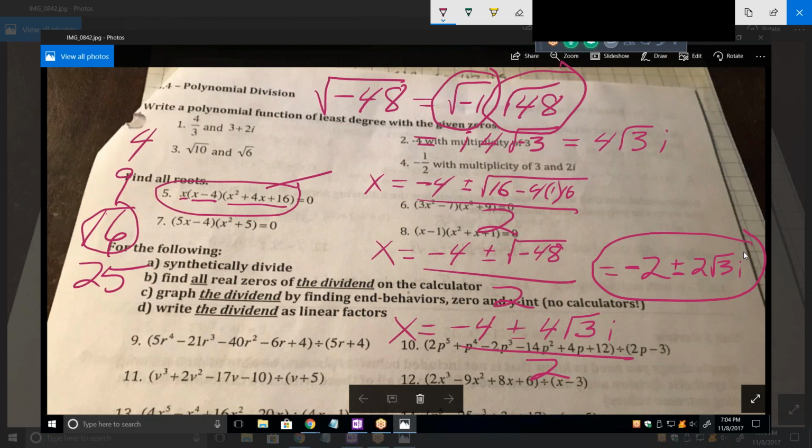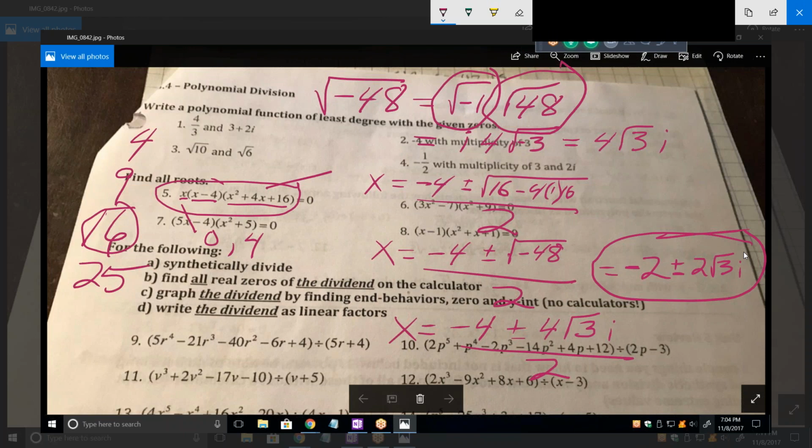These are roots. They are not x-intercepts, by the way. When you have imaginary roots, they do not cross the x-axis. There are only 2 x-intercepts. One is at 0, and the other is at 4 for this function.